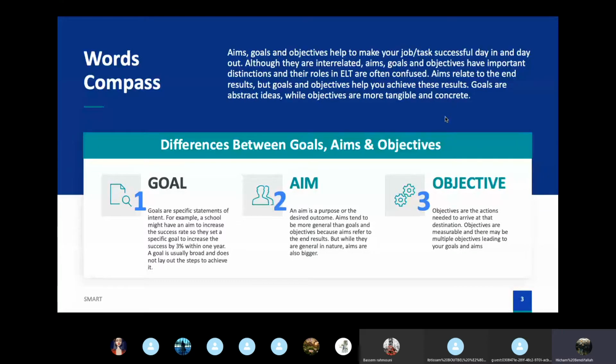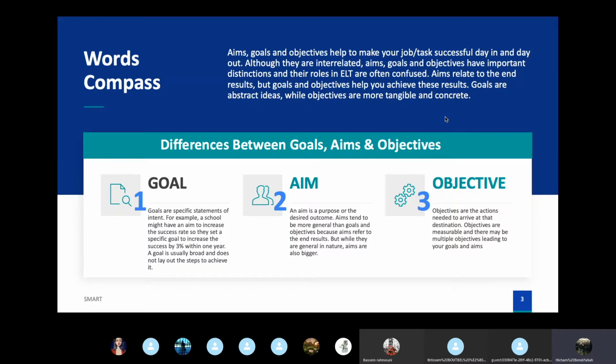And in comparison to the first two that I've mentioned, we've got objectives. Objectives are active. They are the actions very much needed, one by one, in order to achieve a certain task, a certain destination.